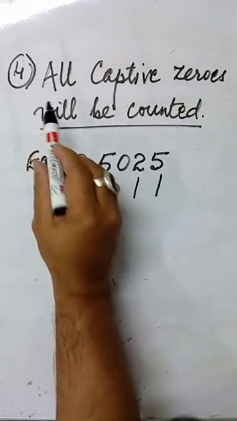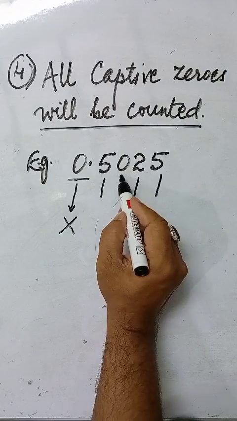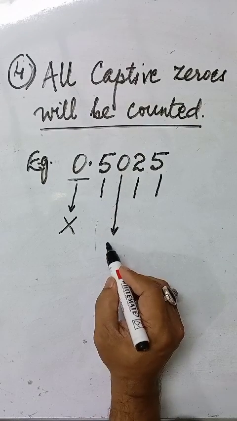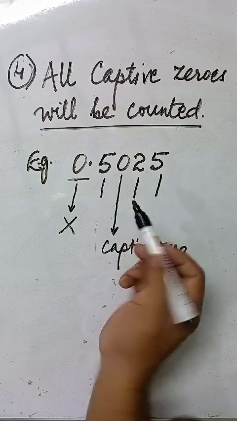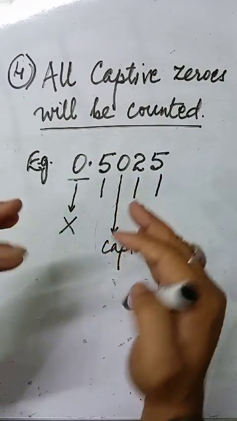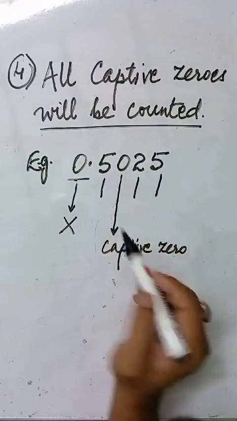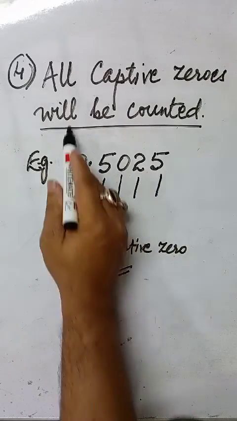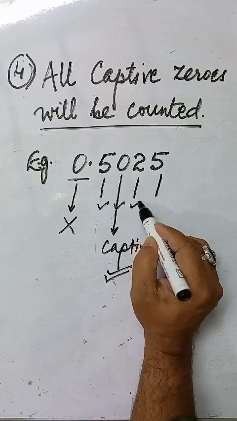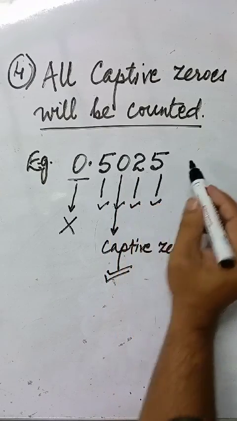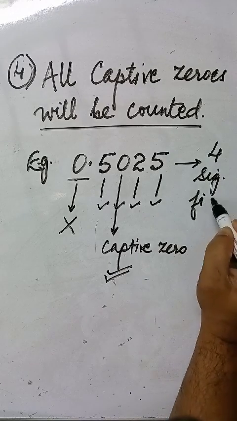Now comes this last and the fourth rule. All captive zeros will be counted. So this zero is a captive zero, because as I told you earlier, a captive zero is a zero which is continuously held under capture by two non-zero digits, so it will be counted according to this rule. So this 1 2 3 4, this number has 4 significant figures.